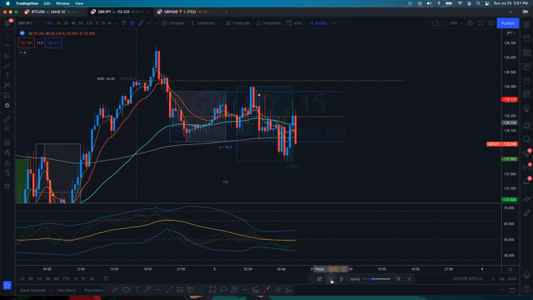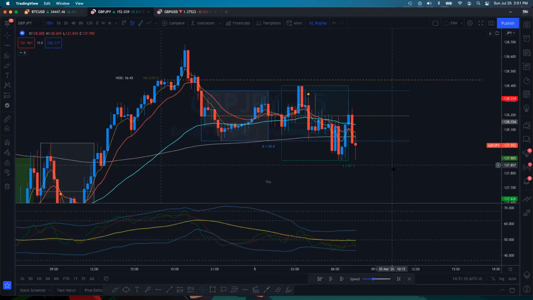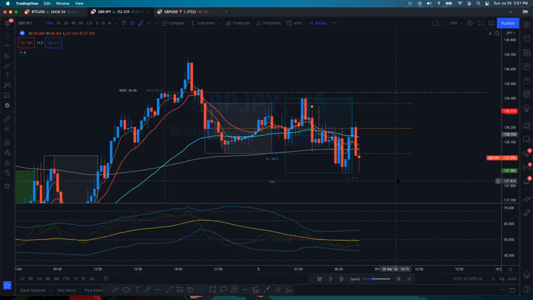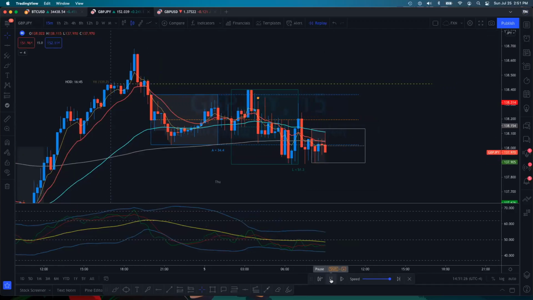There's nothing tradable there. Lots of wicks, lots of just crap. There's nothing tradable there at all. So this is a day that you don't trade.